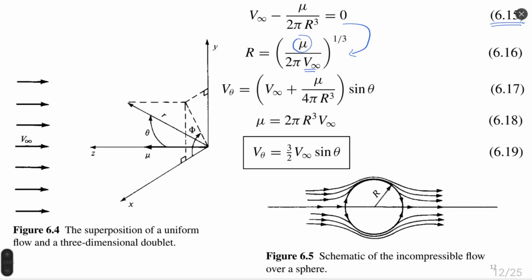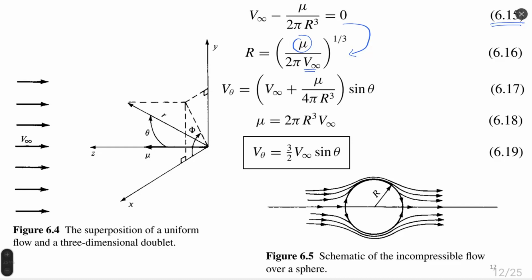It works in the following way. If we would like to simulate a sphere of known radius, we have to choose the relation between the strength of the source and the strength of the doublet and the infinite velocity in such a way that the ratio between them divided by 2 pi, to the power 1/3, would be giving the radius we need, or vice versa.